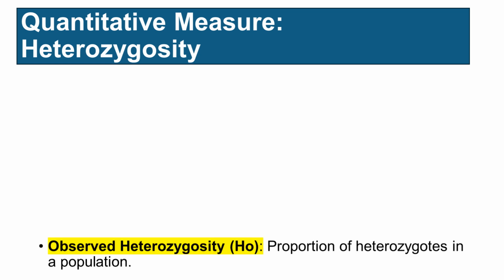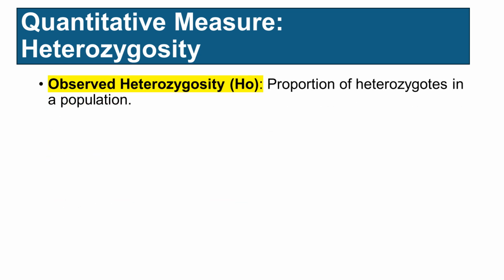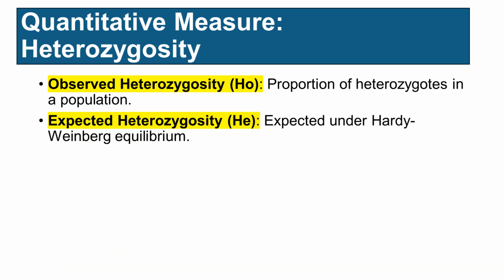Quantitative measure: heterozygosity. Observed heterozygosity, Ho, is the proportion of heterozygotes in a population. Expected heterozygosity, He, is expected under Hardy-Weinberg equilibrium.